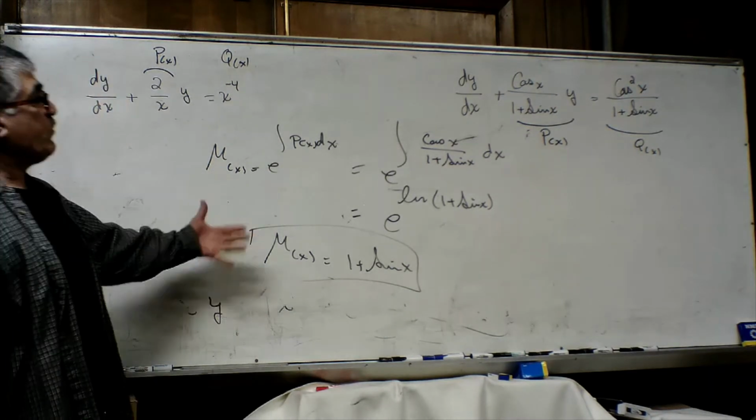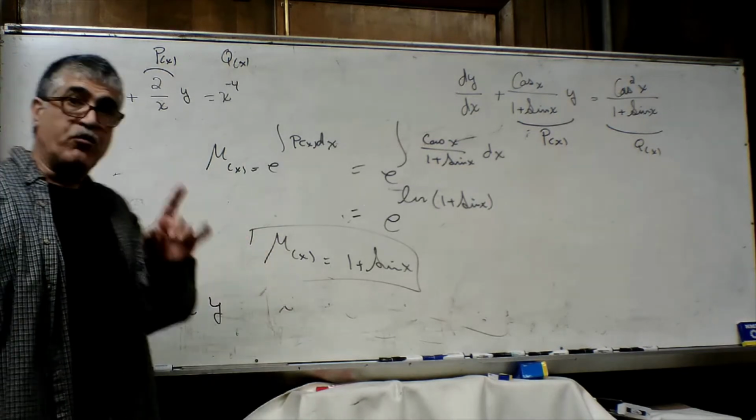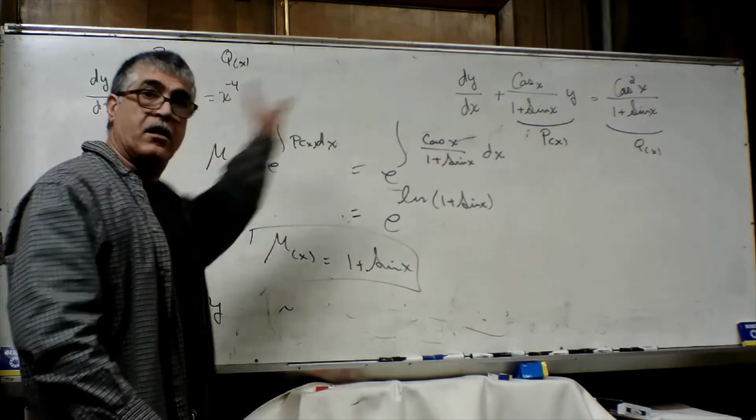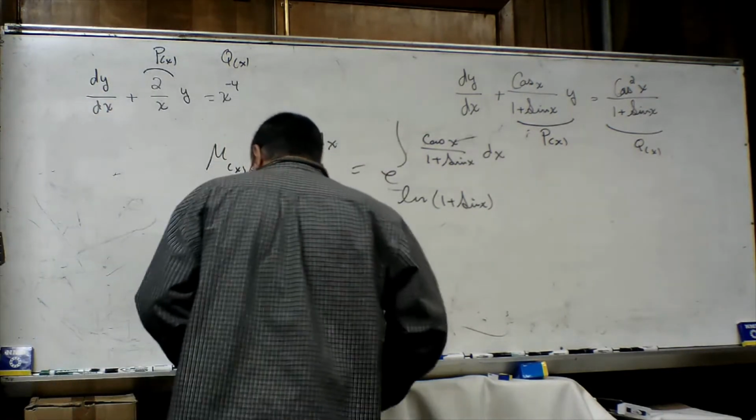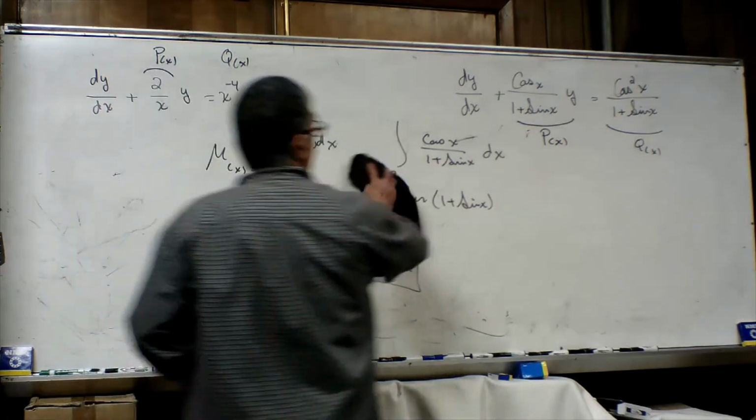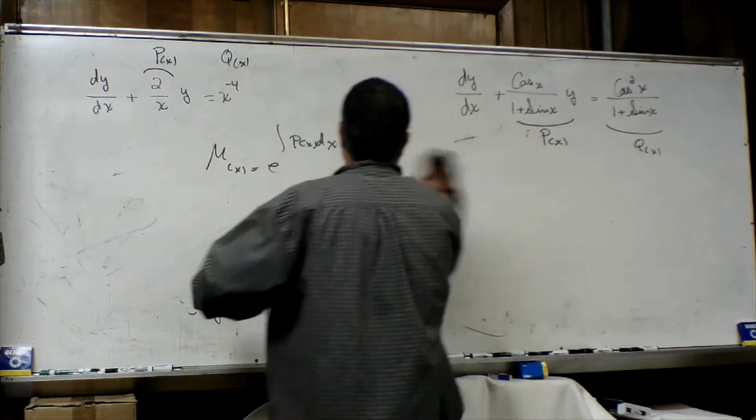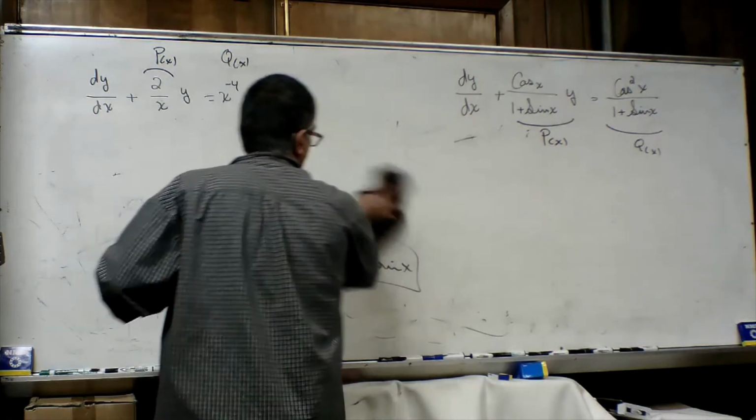Once we find the integrating factor, the first step we multiply that by our equation. So our integrating factor is 1 plus sine x.